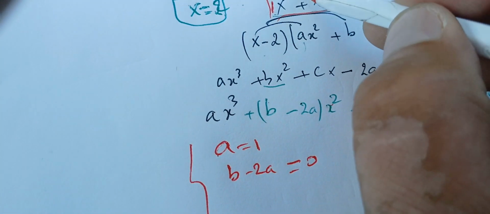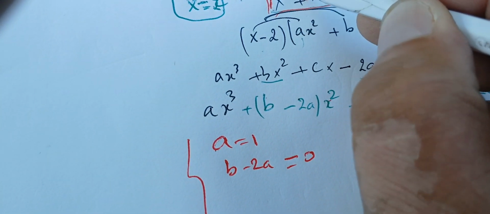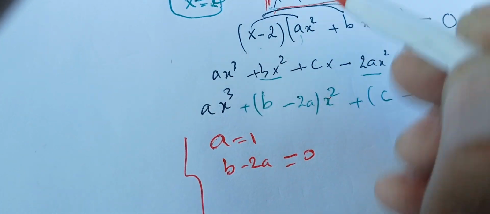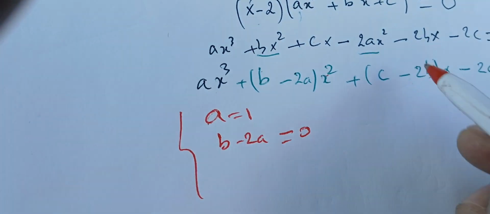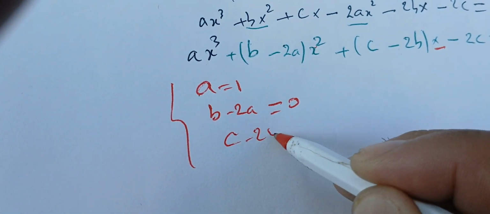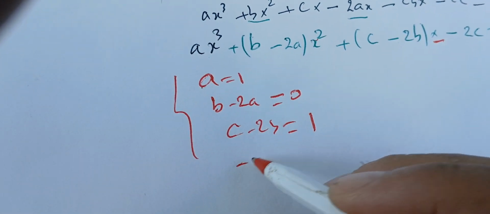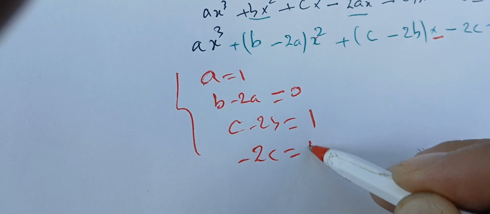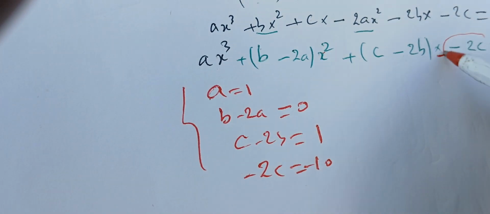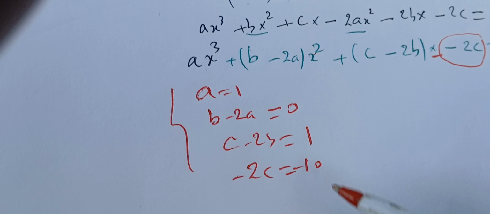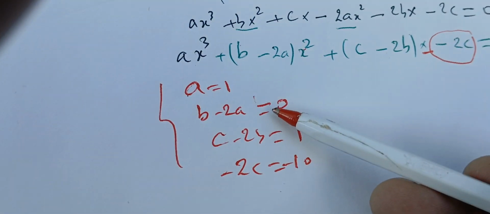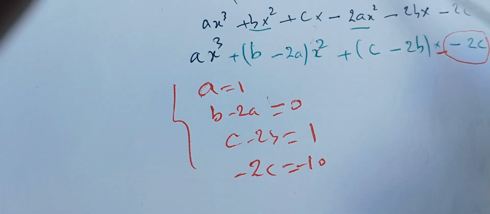To convince ourselves, we add plus 0x squared. For the x, we have only 1, that means c minus 2b is 1. And minus 2c is minus 10, so this is the constant, equal to minus 10. This is more than enough to solve for these coefficients.